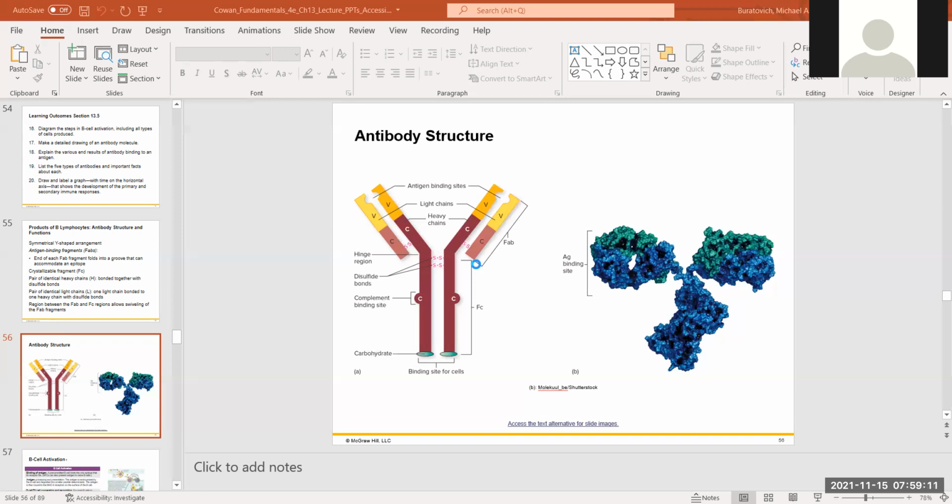So IgG, tell me about IgG. Hannah, tell me about IgG. It's a secondary antibody. What else can you tell me about it?